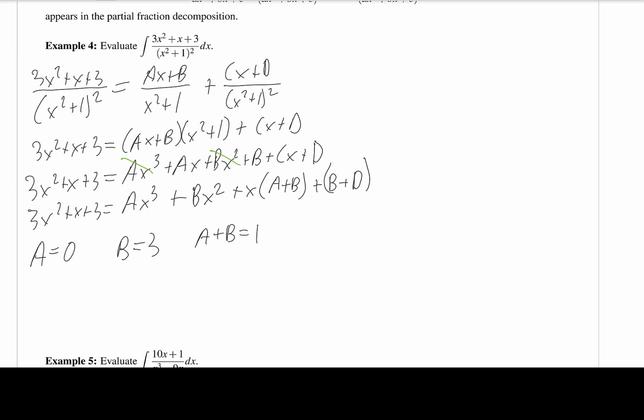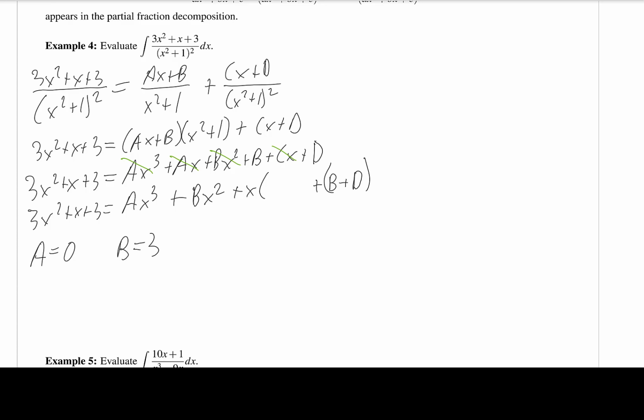And this is a good time for us to realize that we've made a mistake, or well, that I've made a mistake. We already got A and B, which were 0 and 3, and 0 plus 3 is not equal to 1. So when I look back, and this is why I should have been marking these off, this is AX plus CX.